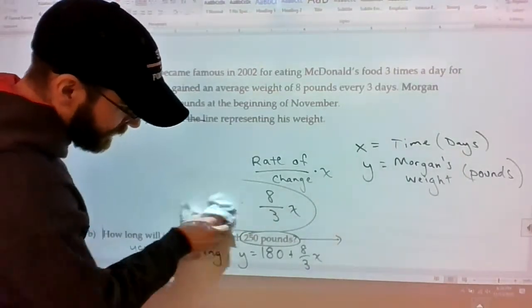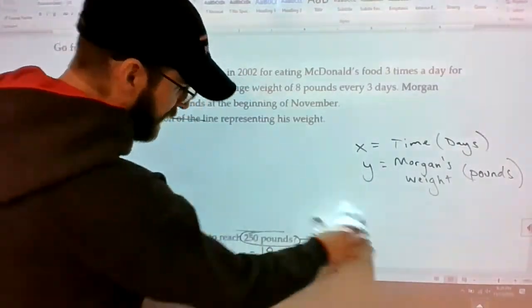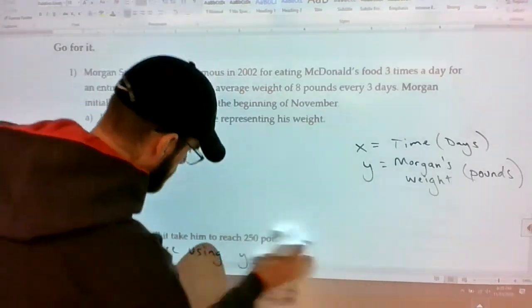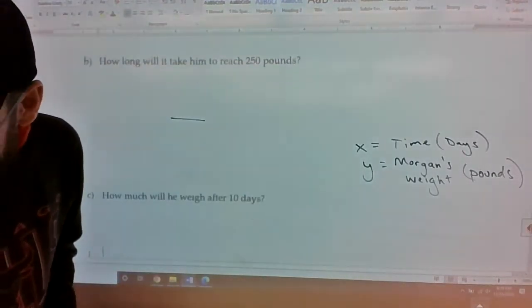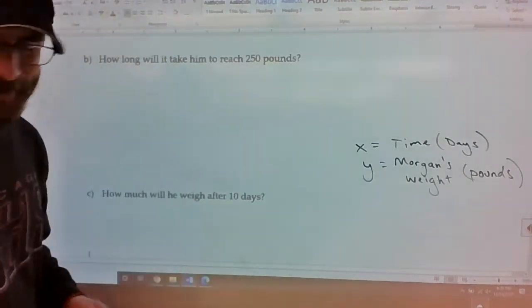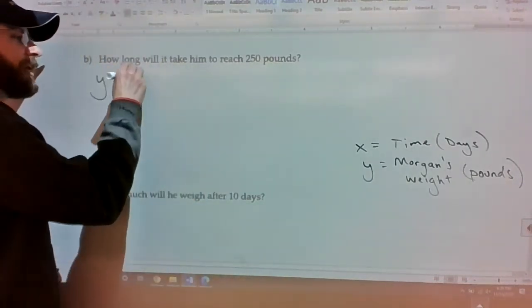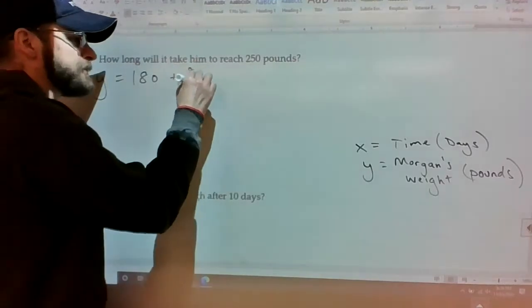Okay, so we've got our equation. I rewrote it. That's fine. So y equals 180 plus 8/3 x.